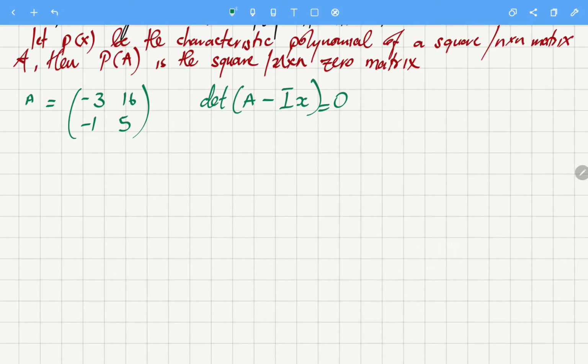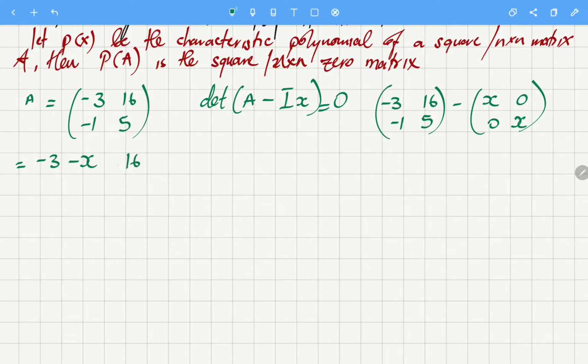So substituting values into that, that'll be [-3, 16; -1, 5] minus [x, 0; 0, x], which then becomes [-3 - x, 16; -1, 5 - x].